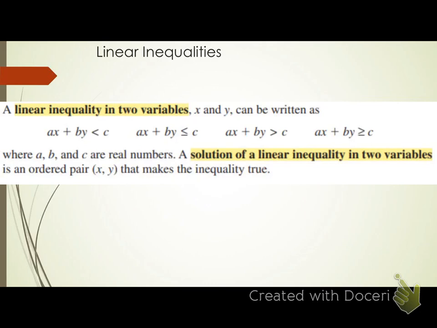Okay? Does everyone understand that? Just like for an ordered pair to be a solution of an equation, I've got to be able to plug it in the equation, and it's got to come out to be a true statement. Are there any questions on what an inequality is in two variables, or what a solution of a linear inequality is?